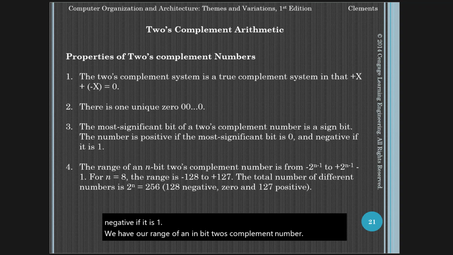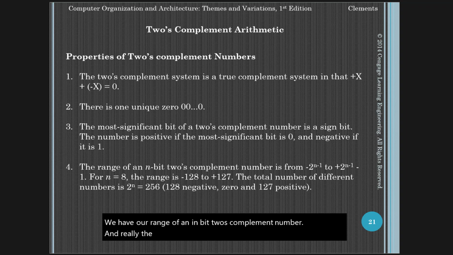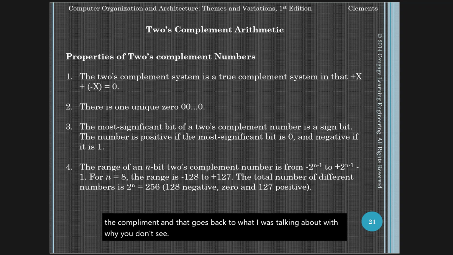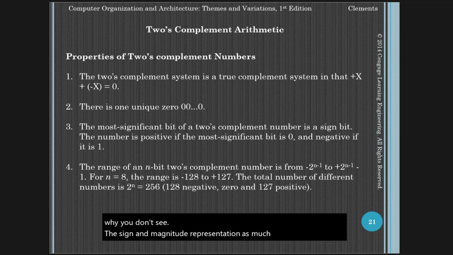And really the hardware for 2's complement addition and subtraction is the same because subtraction is performed by adding the complement. And that goes back to why you don't see the sign and magnitude representation as much, because it requires separate adders and subtractors.